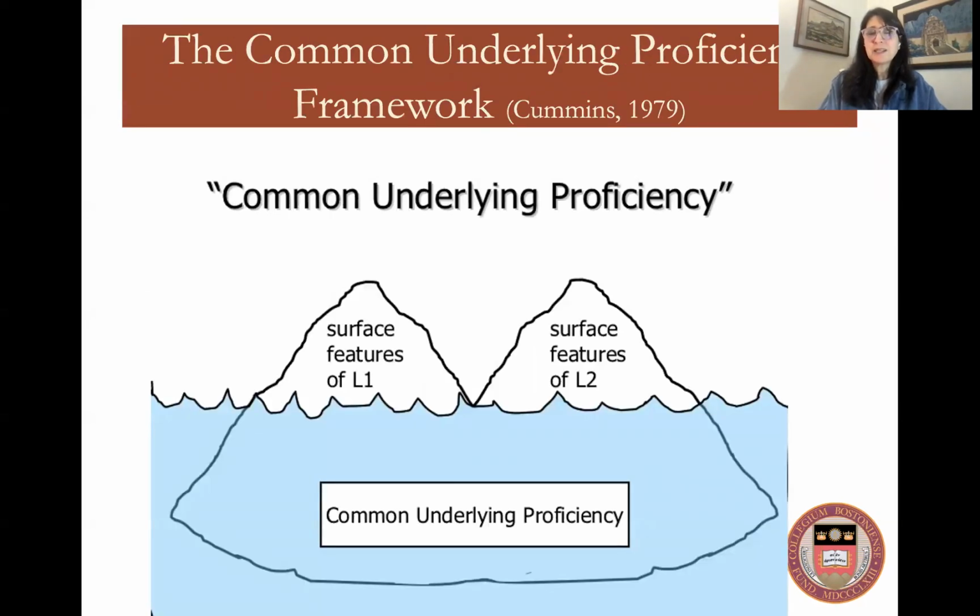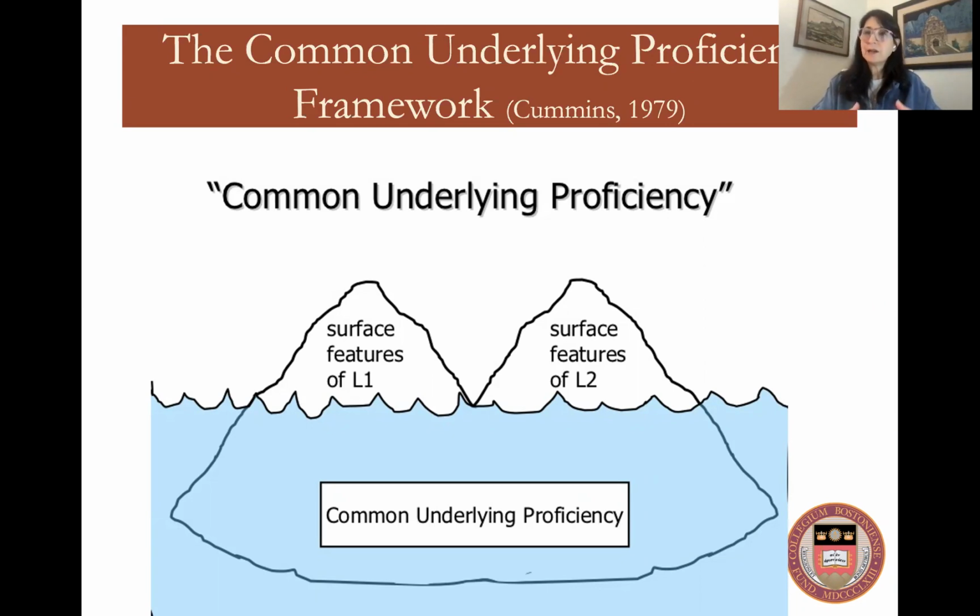So the second framework is closer to what we're finding out through research in neuroscience. It's called the Common Underlying Proficiency Framework. It's supported by many linguists. Cummins was one of them, though, as you can see, this is from 1980, so it's been evolving as we find out how the brain works.